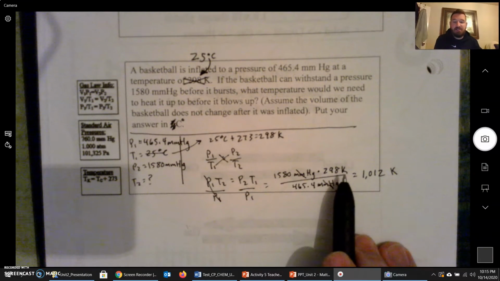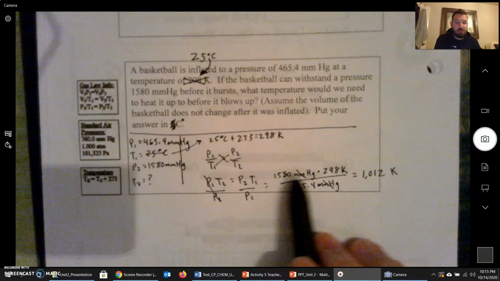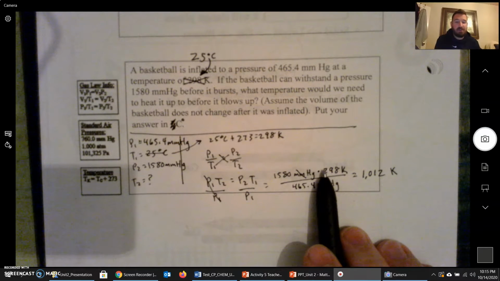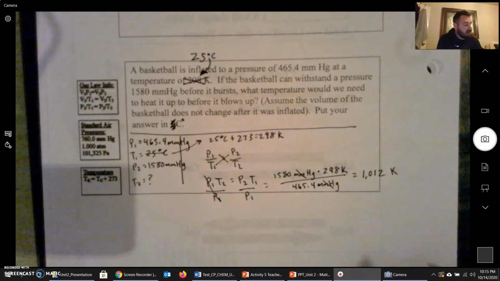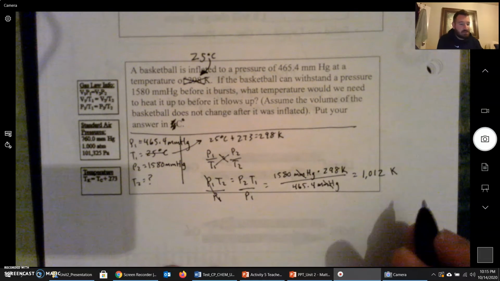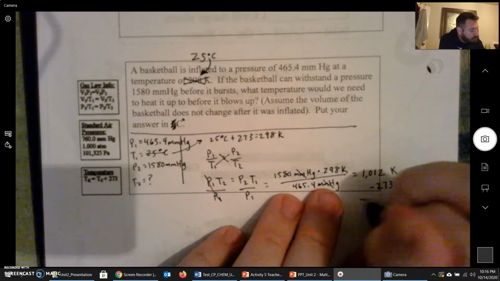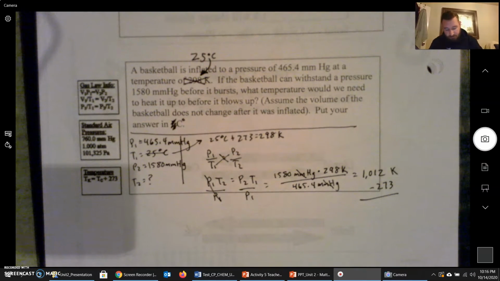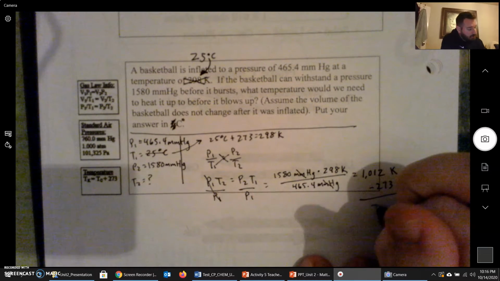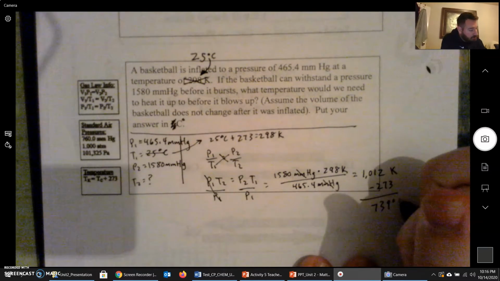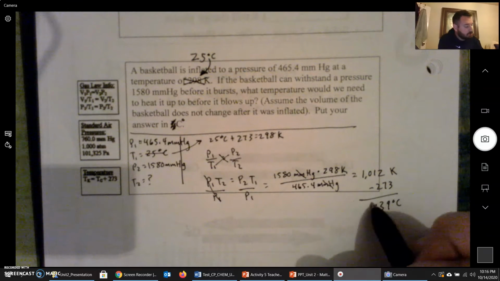I could not leave my temperature in Celsius through the problem because I would have gotten the wrong answer, but I can convert back at the end. To get this back to Celsius, all I need to do is subtract 273, and I should get 739 degrees Celsius as my final answer.